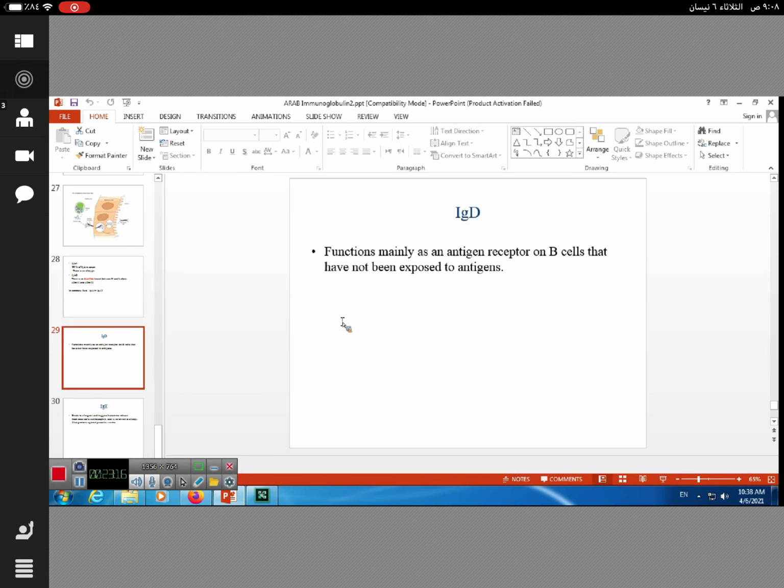IgD is mainly the antigen receptor on B cells that have not been exposed to antigen. You know, lymphocytes are divided into naive lymphocytes, activated lymphocytes, and memory lymphocytes. In the naive lymphocyte, IgD is present as the BCR or B cell receptor.